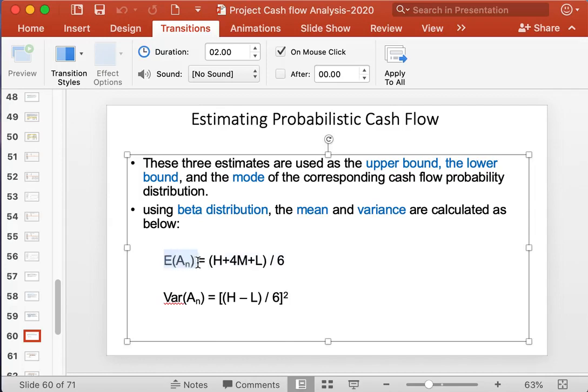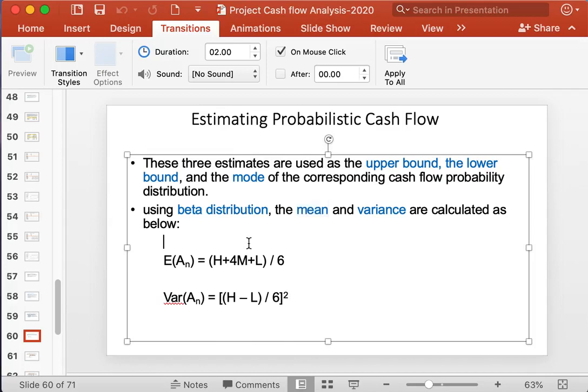Expected cash flow in period n equals (H plus 4M plus L) divided by 6. Actually, this expected cash flow in the period n is also nothing but a mean.